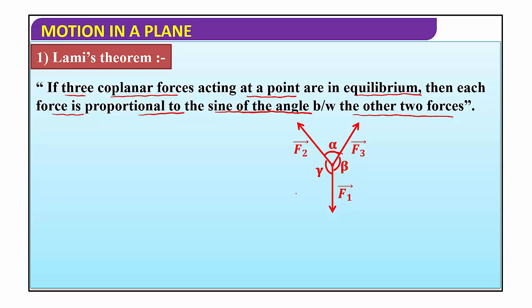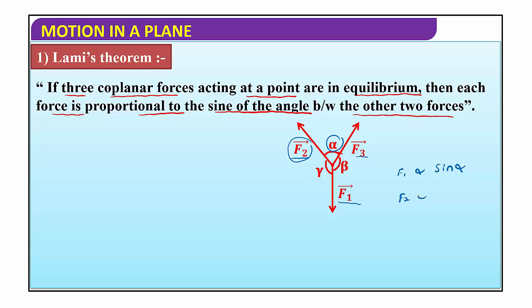Right? See here, I am going to consider the first force F1. This F1 is proportional to sine of angle between the other two forces. Which are the other two forces? F2 and F3. Angle between the other two forces is what? Alpha. F1 is proportional to sine alpha. Similarly, the second one is the F2 force.